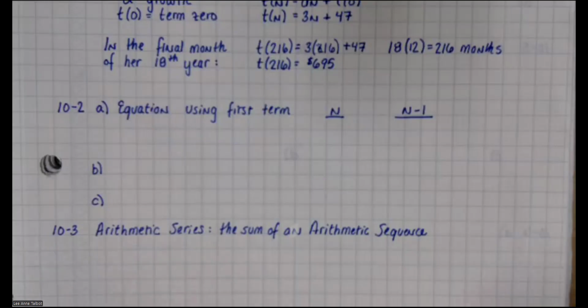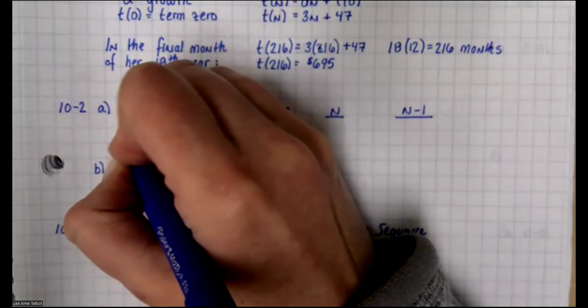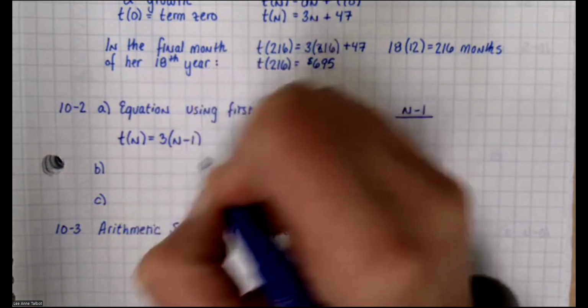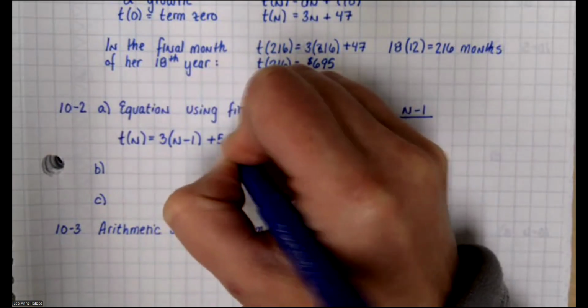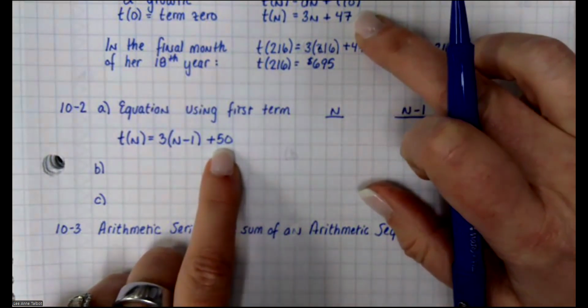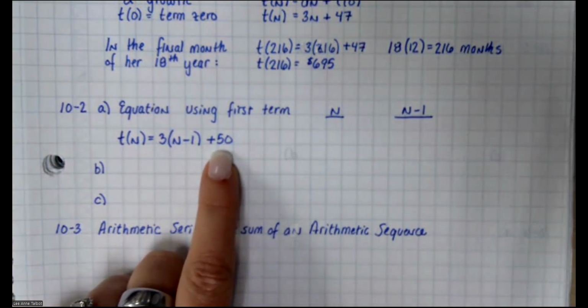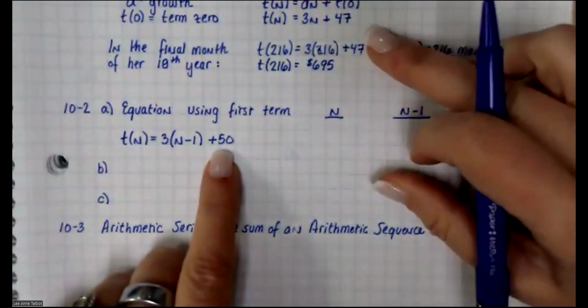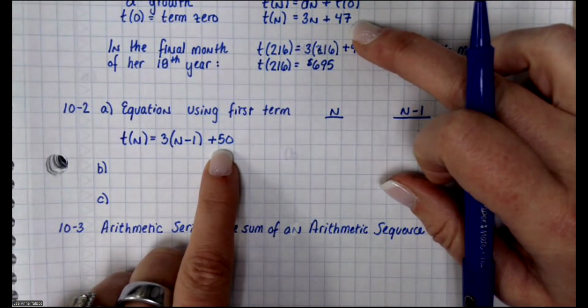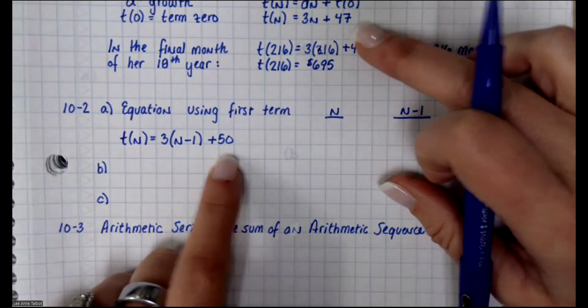Okay, so we're going to write Zachary's here. T of n equals 3 times n minus 1 plus 50. The question is, is this the same as the one we wrote? Is this the same?